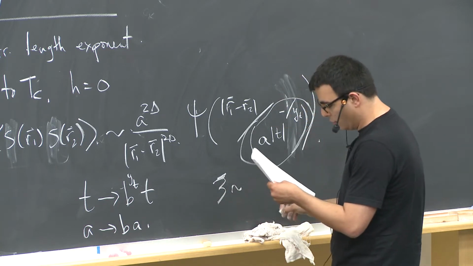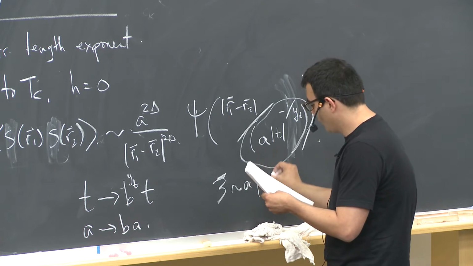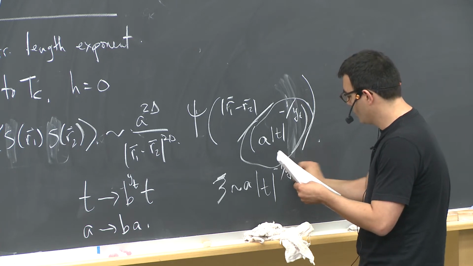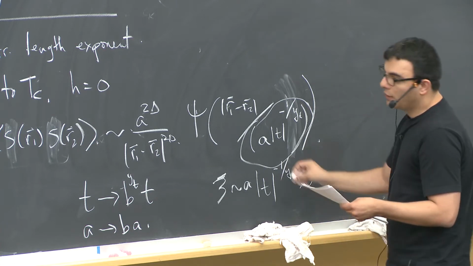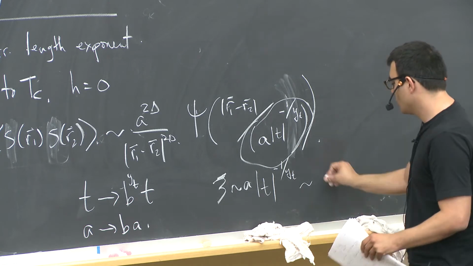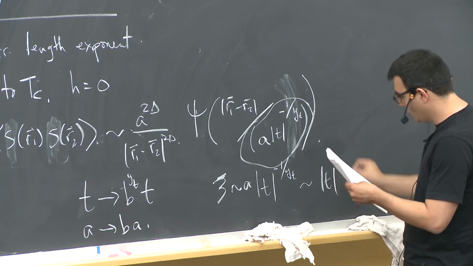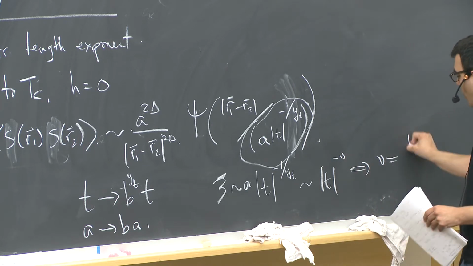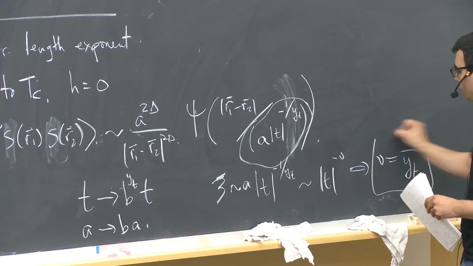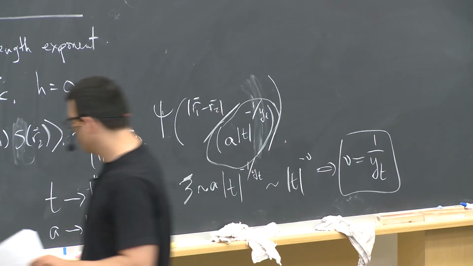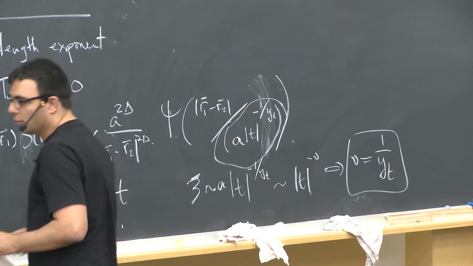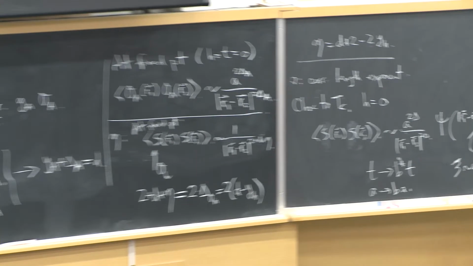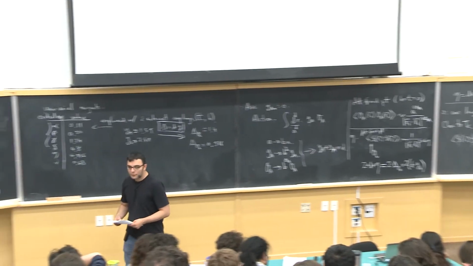It's proportional to A times the absolute value of t to the power minus 1 over y_t. And the definition of the critical exponent nu is that this is the absolute value of t to the minus nu. So that means that nu is equal to 1 over y_t. So this scaling is extremely useful, even for correlation functions. Other questions about this?